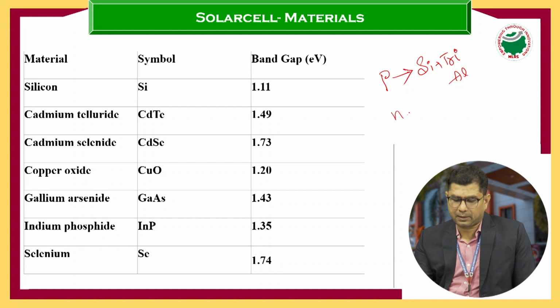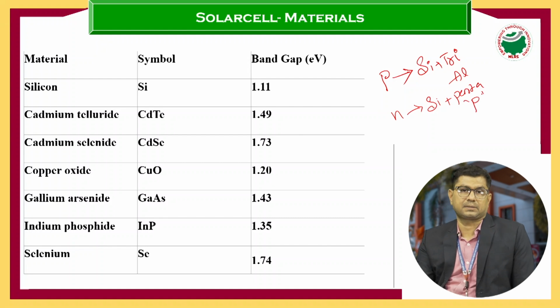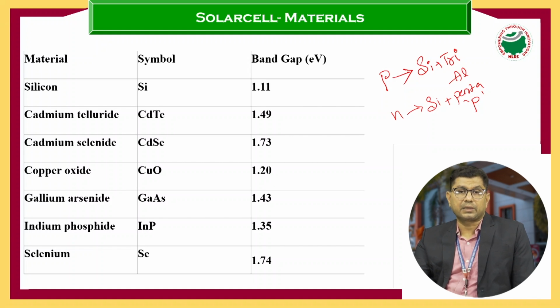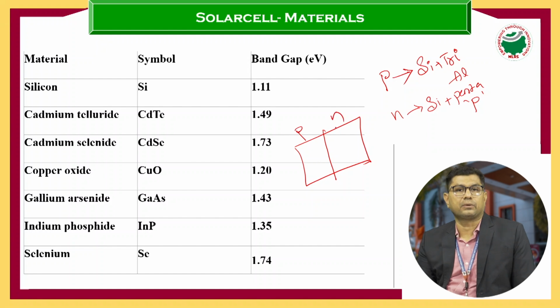N-type semiconductor is obtained by doping silicon with pentavalent impurities, which means phosphorus. In P-type the majority charge carriers are holes, and in N-type the majority charge carriers are electrons. This P side and N side are attached together to form a PN junction diode.